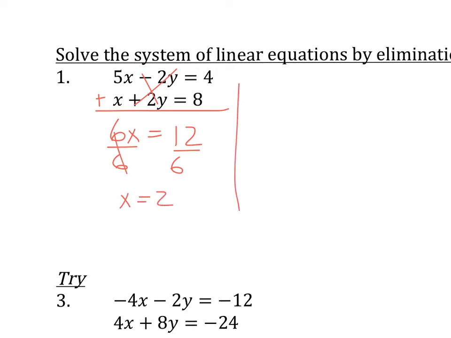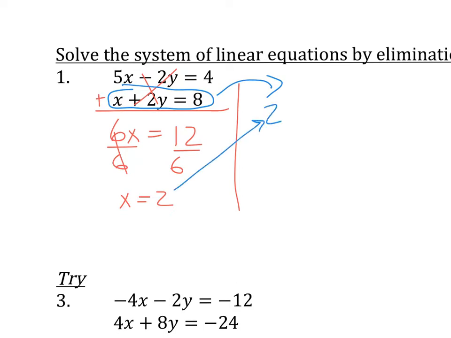So remember, all of these systems have to have an ordered pair answer. So I got an x value, now I need a y value. So you choose either one of the top two original equations. I like the bottom one a little bit better, so I'm going to use this equation right here. Okay, so x is 2, right?